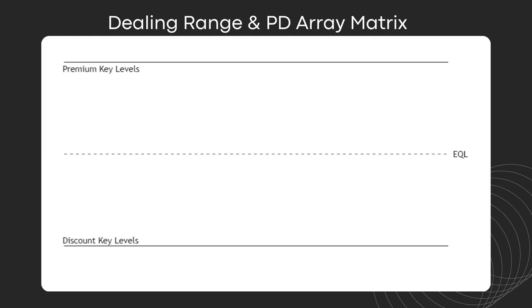I get many DMs from students saying, why did this not work, or why did I miss this move? The plain and simple answer is that's how the market moves. That's how the market works. You're going to miss moves, you're going to lose trades, but if you stick to the right things, you will also win trades, and those wins will make sure you end up profitable in the long term.